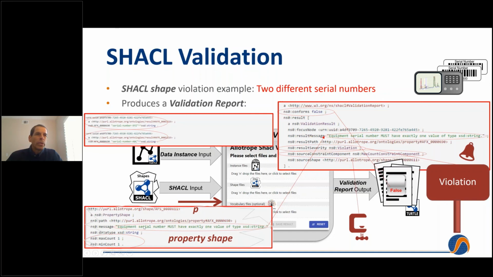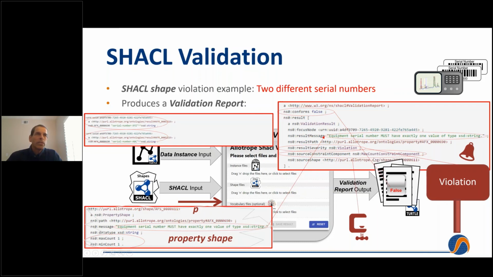The related message in the property shape was forwarded to the validation report: equipment serial number must have exactly 1 value of type string. And we see also the constraint component that was violated. Source constraint component, maximum count constraint component. So the cardinality of the equipment serial number, the number of equipment serial numbers, was violated.